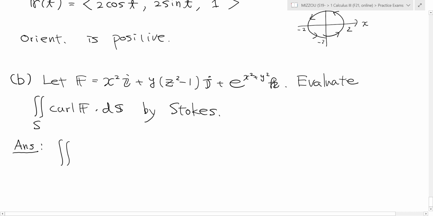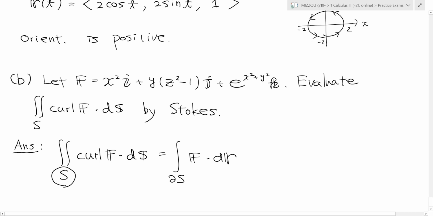Stokes theorem says if you want to compute the surface integral of a curl, then this is written as the line integral of F over the boundary, provided that the orientation of the surface and the orientation of the boundary match up. In other words, the orientation of the boundary is, so to speak, the induced orientation of the surface.